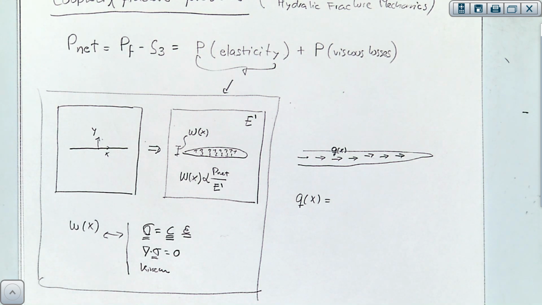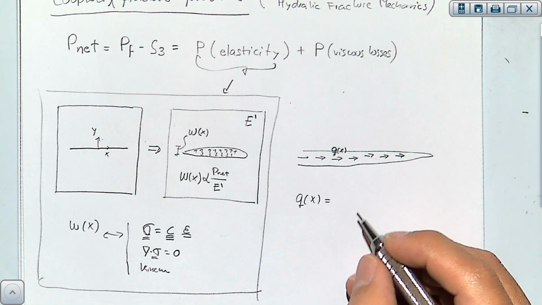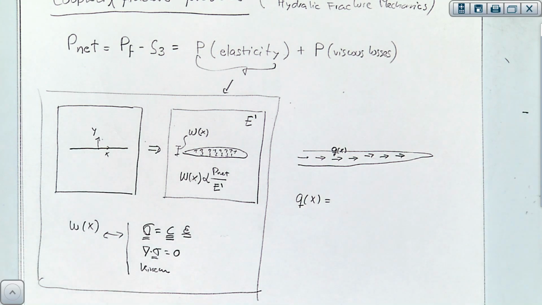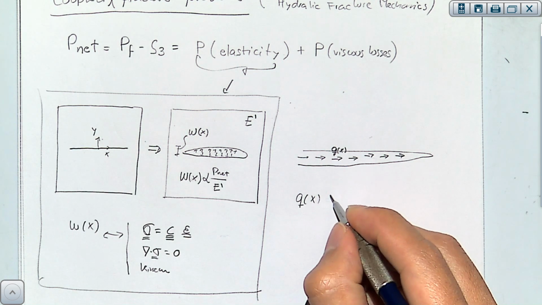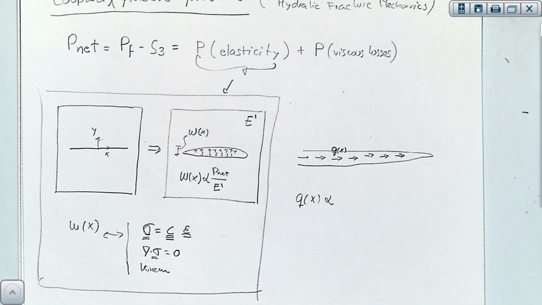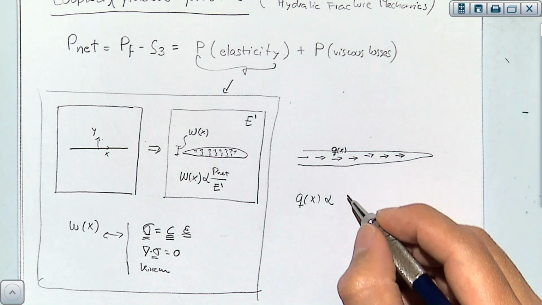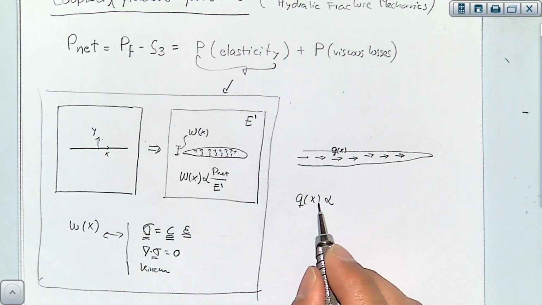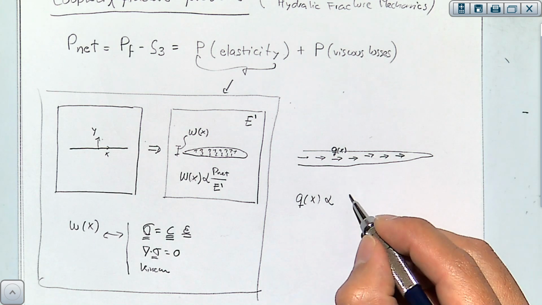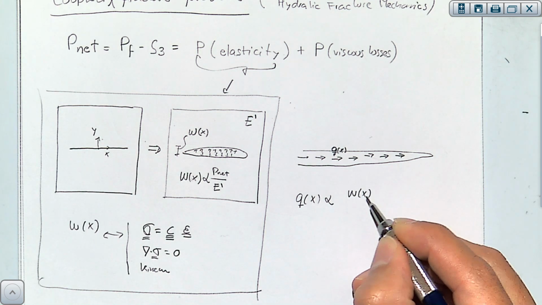If you remember that in a transport class, you can solve what is going to be the flow rate. I would need some coefficients here, some numbers, but forget about the numbers. I'm just interested in what are the governing parameters here. The flow rate is going to be proportional to the width.